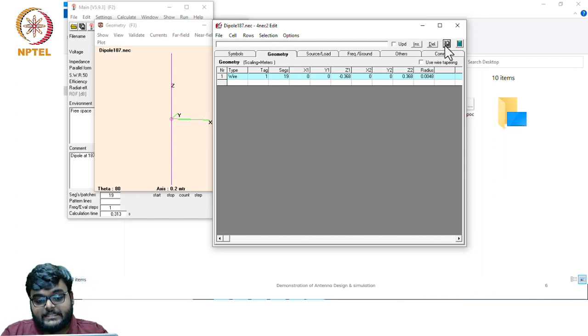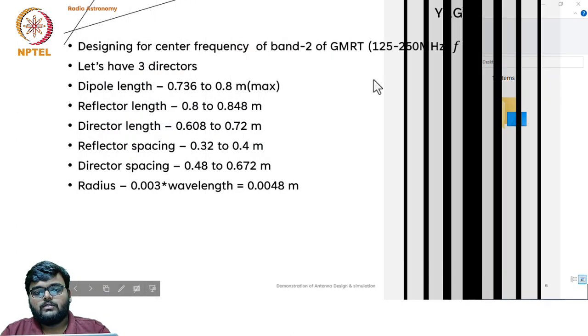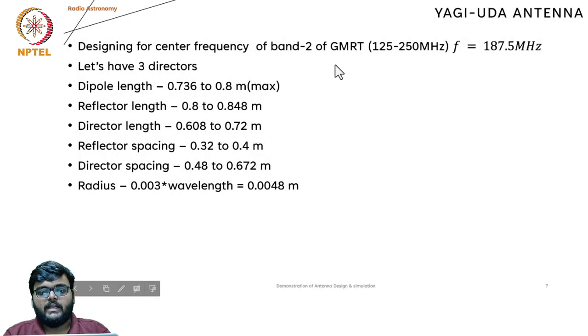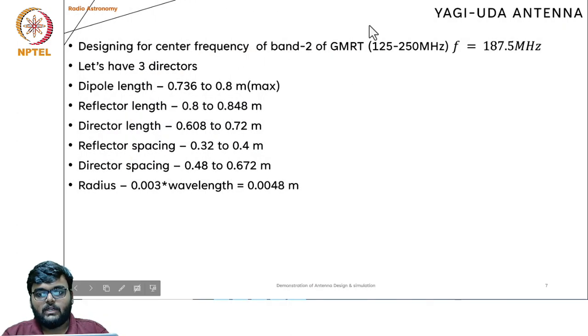Okay, so let's see what the design parameters for that are, or the design numbers, whatever the meter length, spacing and all. Let's view that. So let's discuss first a bit about the different values we need to remember to design the directors and reflectors for the Yagi-Uda antenna.